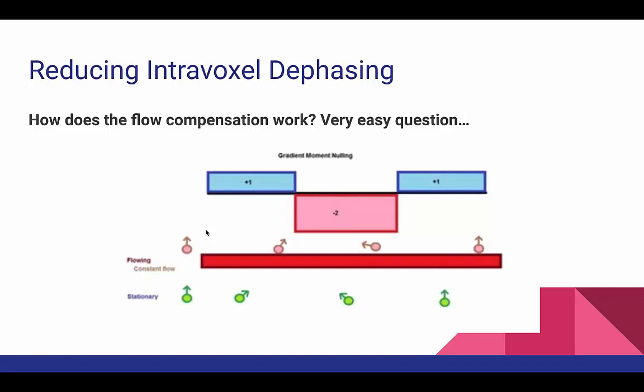And what the flow compensation does is that it basically creates gradients. As you can see, there's a +1, and there's a -2, and there's also again a +1. What happens is, firstly a positive gradient is created, and then you change the direction. You get the double, a squared power of this in the other direction.